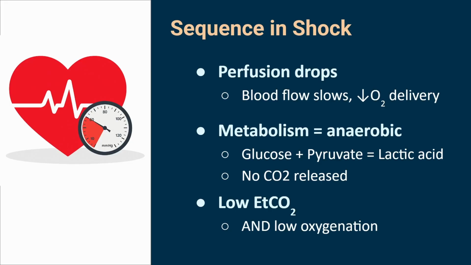Then about 6 or so minutes go by, they haven't been able to move any oxygen or air in and out of their body, which means now they're in anaerobic metabolism, binding glucose not with oxygen but with pyruvate to make lactic acid. Before they were making energy, water, and CO2. Now they're making very low amounts of energy and lactic acid. Anaerobic metabolism will not increase your CO2, is the summary.